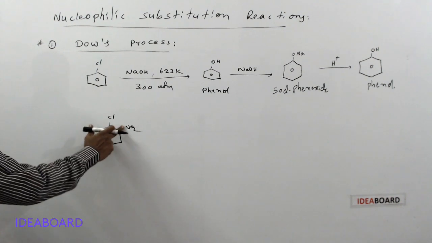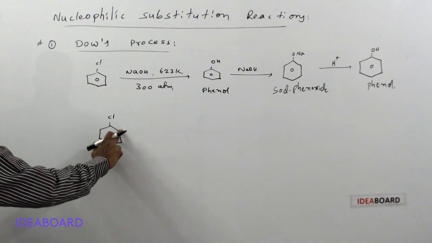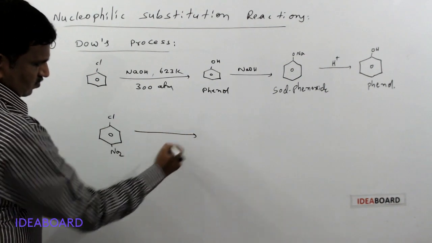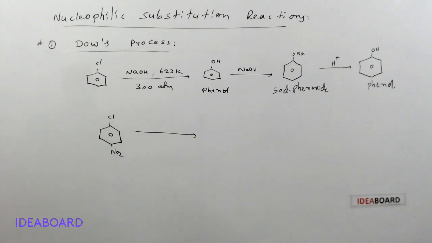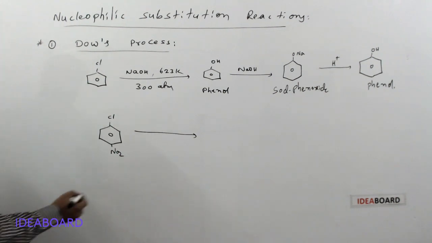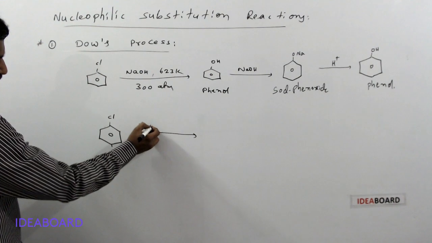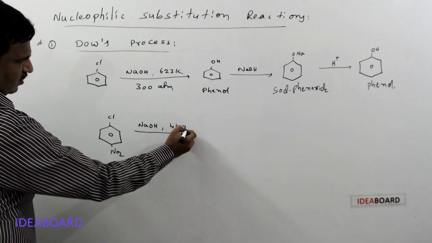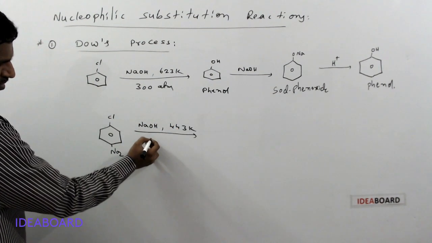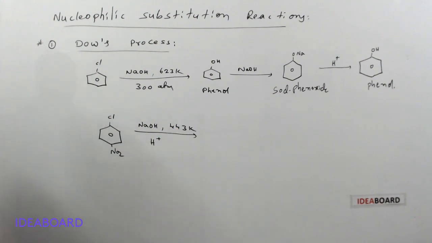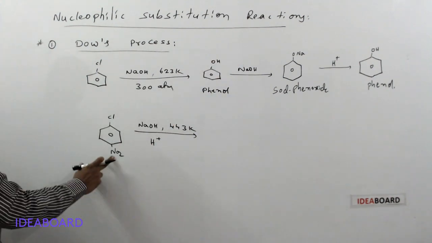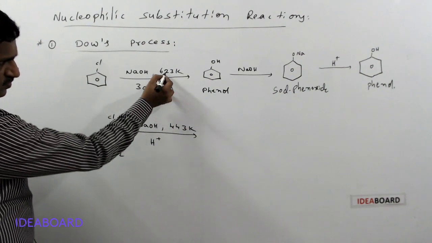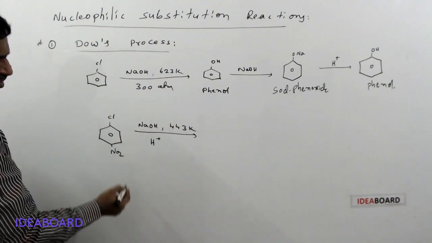You can take the NO2 group here at the para position, and here NaOH, and the temperature used is 443 Kelvin, followed by acidification. It means the same process will occur, but NO2 group is present. Due to the NO2 group, the temperature is reduced. Here it was 623, but here it is 443 Kelvin.